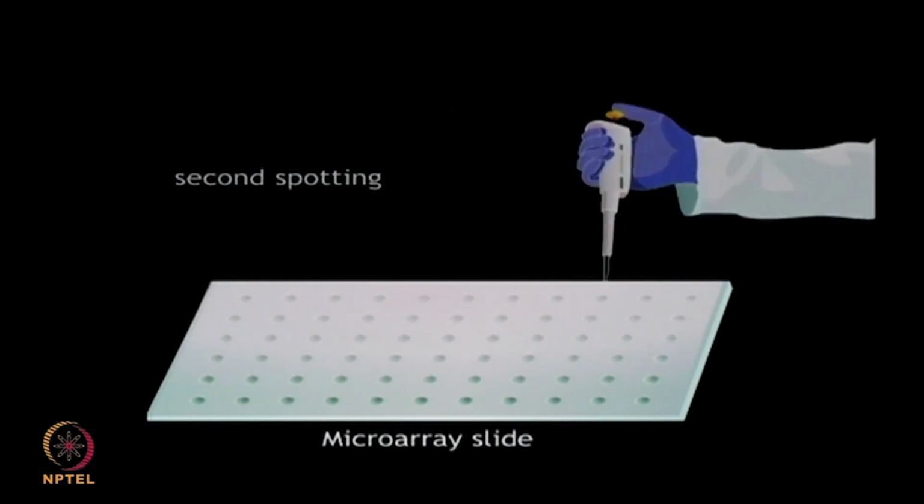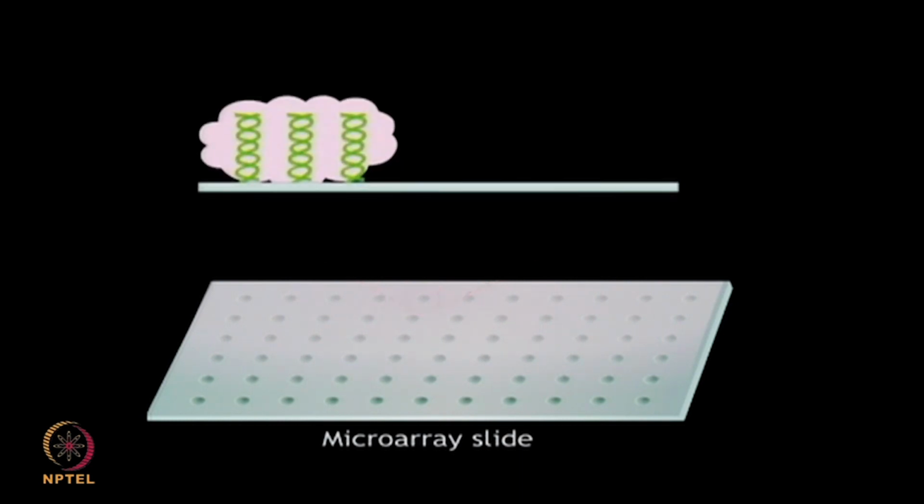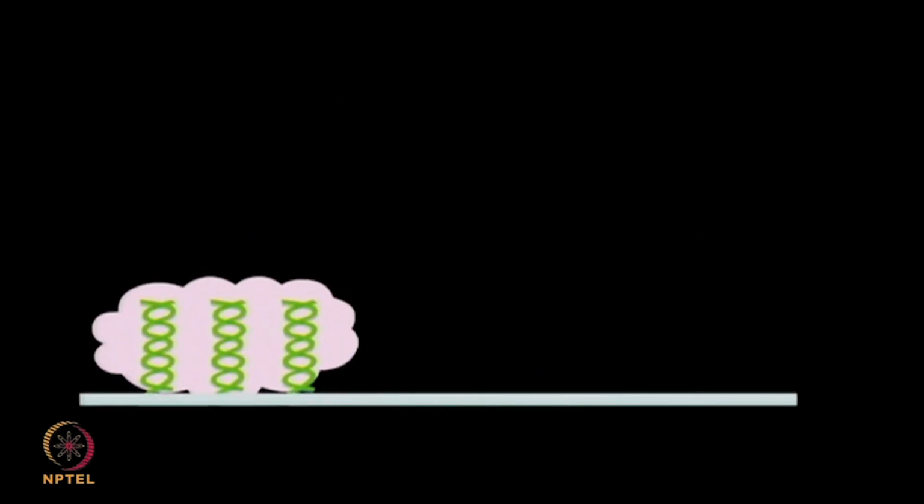The second spotting step involves addition of cell-free lysate directly on top of the first spot. The transcription and translation can begin only after the second spotting step.